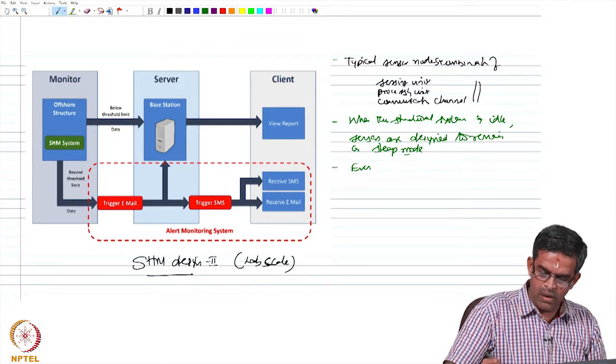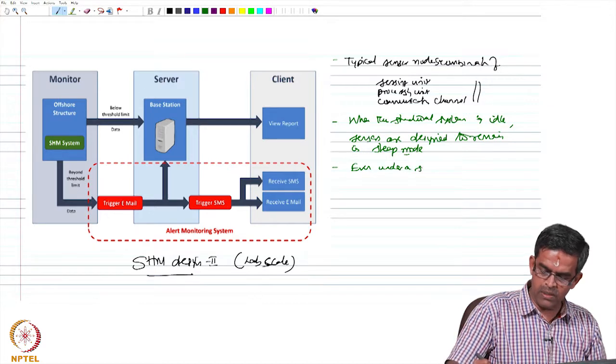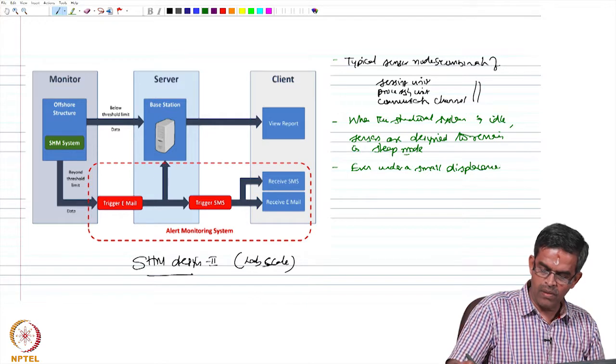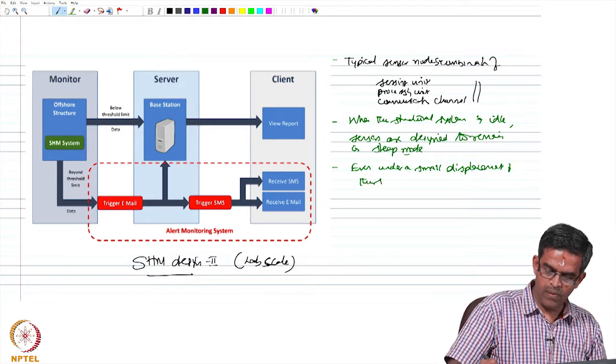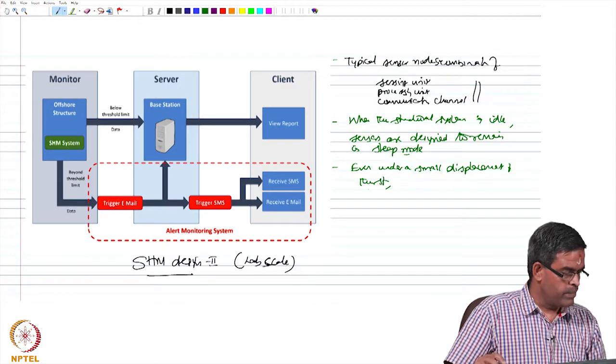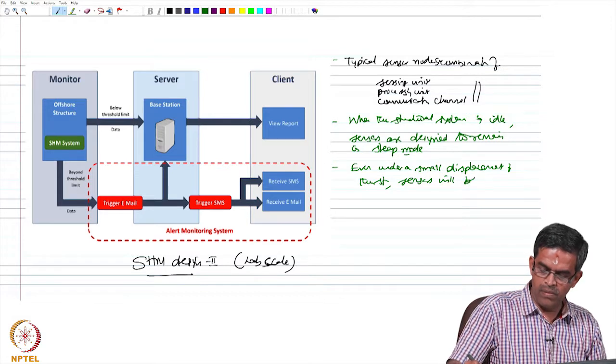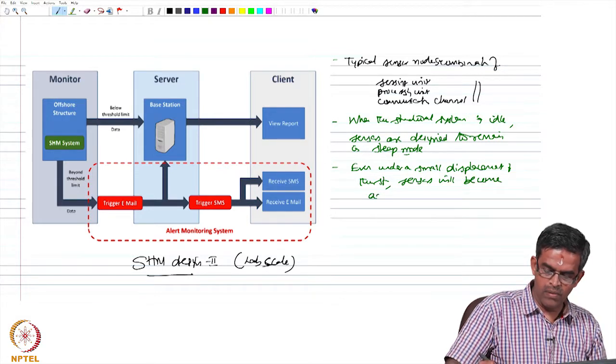Even under a small displacement of the structure, sensors will become active and start acquisition.